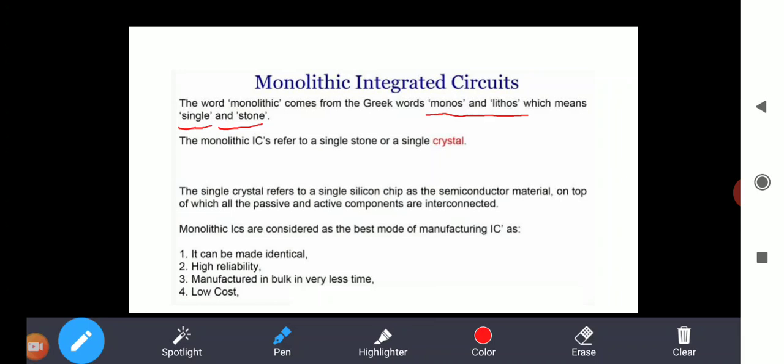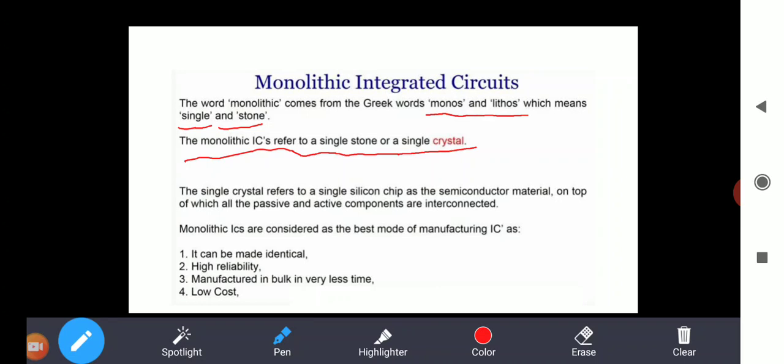Using a single stone we can fabricate the transistors. That's why we call it a monolithic IC. It means a single crystal or single stone is used. Monolithic ICs refer to a single stone or single crystal. In that single stone or substrate we can build the transistors.